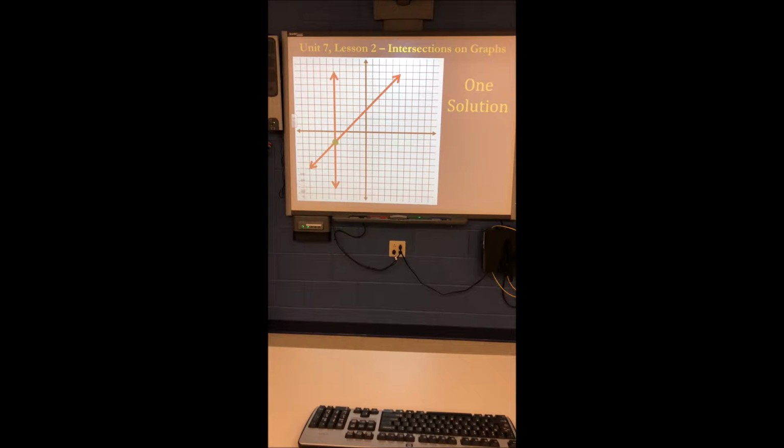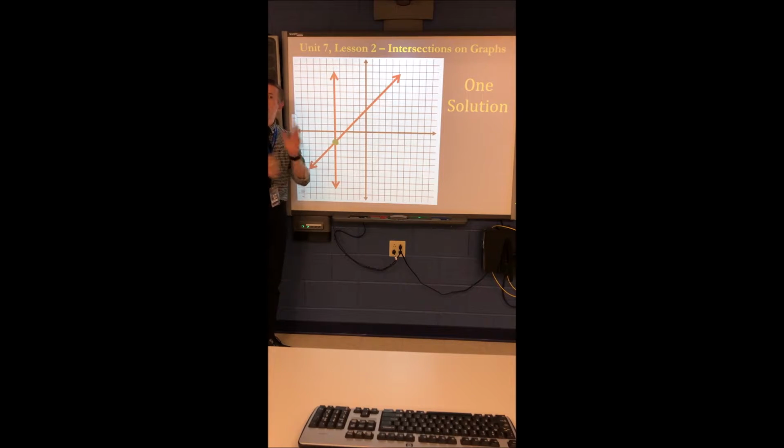That is the intersection point. That means that this point falls on both of these lines, which means that this point satisfies both equations. This line has an equation, this line has an equation. This point satisfies both.